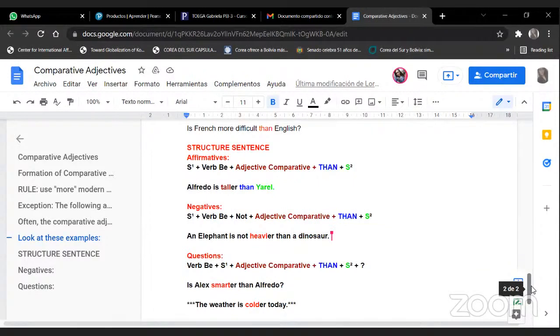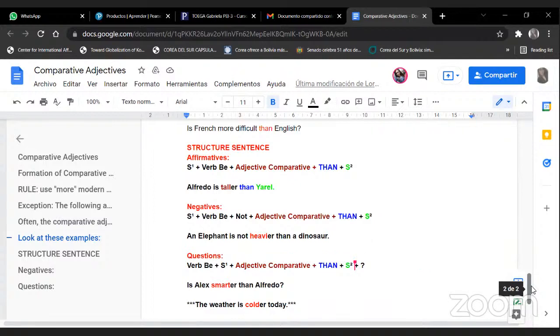Could we make questions with this? Yes, but we have to remember that our verb to be is always going to be at the beginning of the sentence, okay? First the verb to be, then the first subject, the comparative adjective, than, our second subject, and finally the question mark.